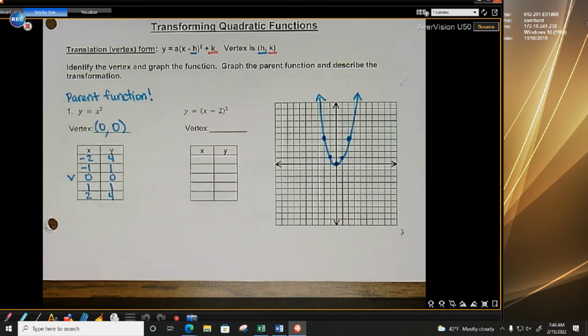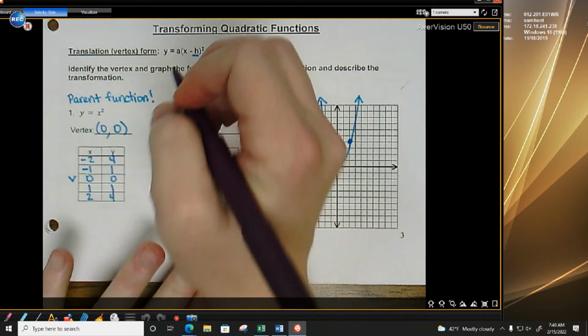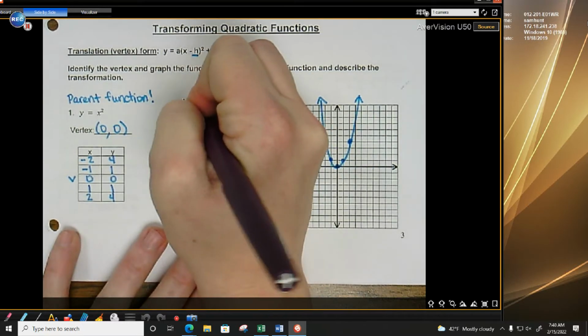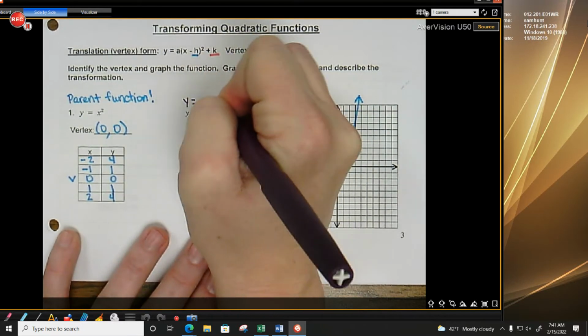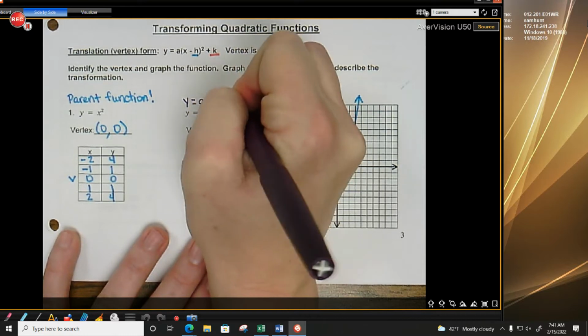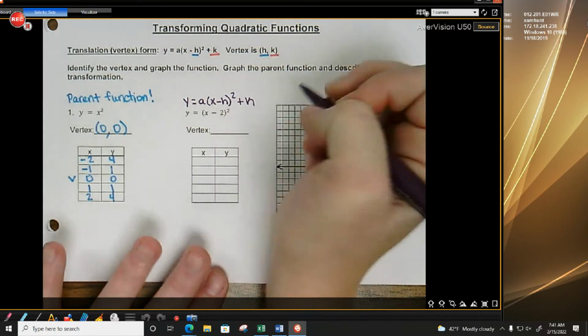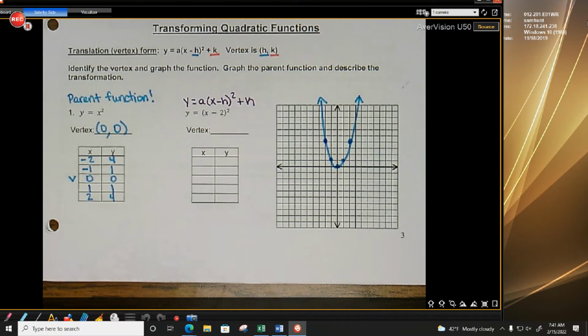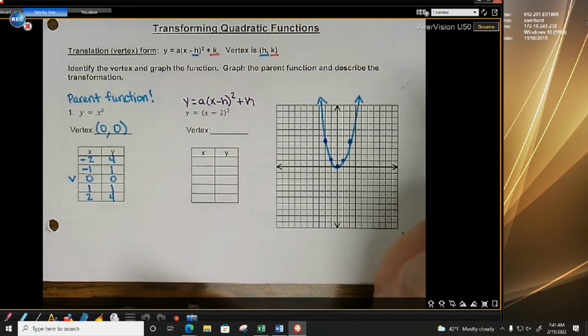Now we are going to compare it to this one. I'm going to rewrite my vertex form above this so it's easy for me to see what value changed. Where am I getting this equation?